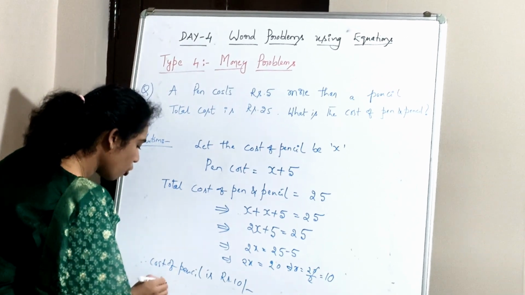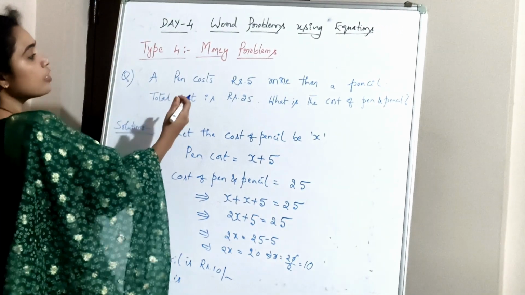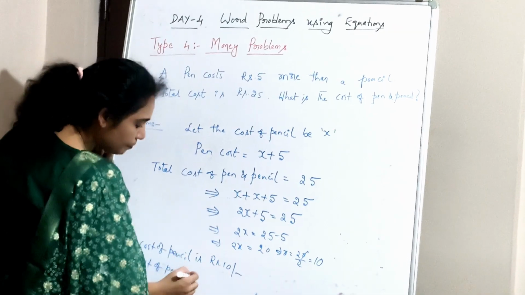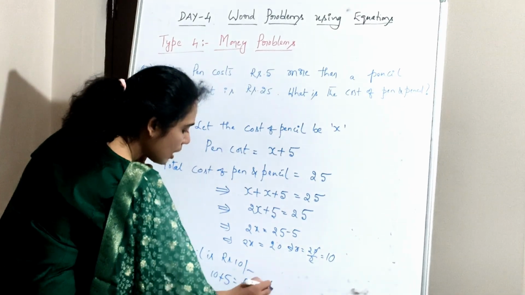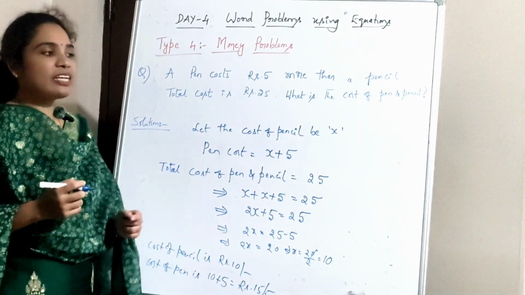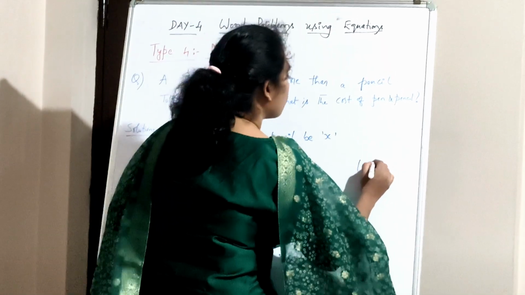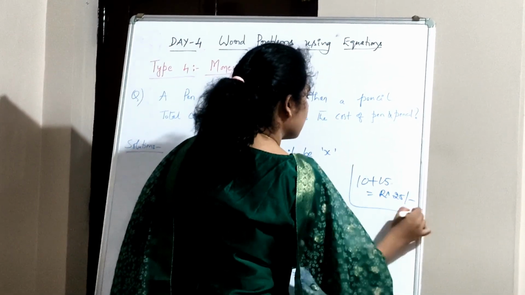Now the cost of pen is 5 more than a pencil. So 10 plus 5, that is 15 rupees. Now add these two costs, 10 and 15. 10 plus 15 is 25 rupees. So it is the right answer.